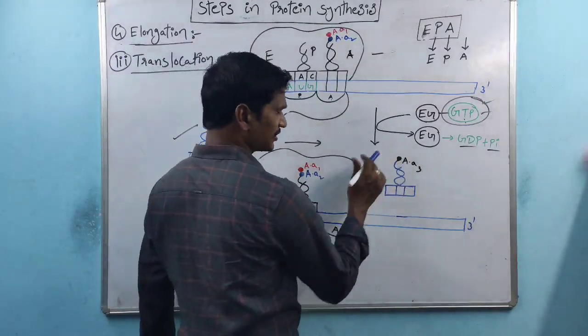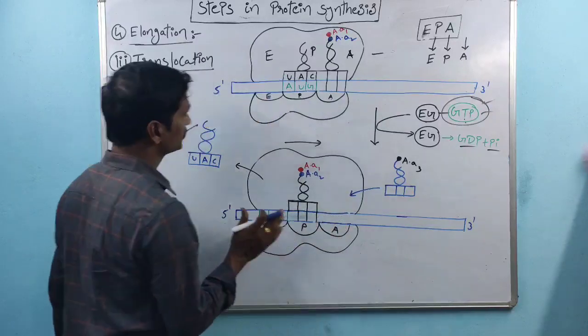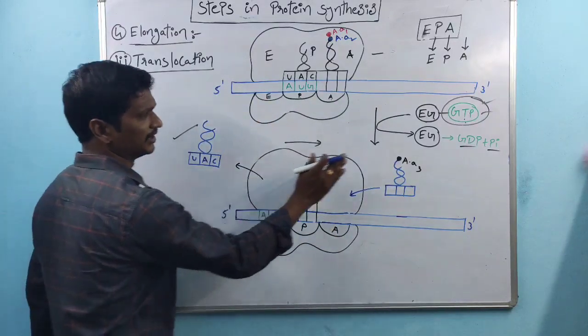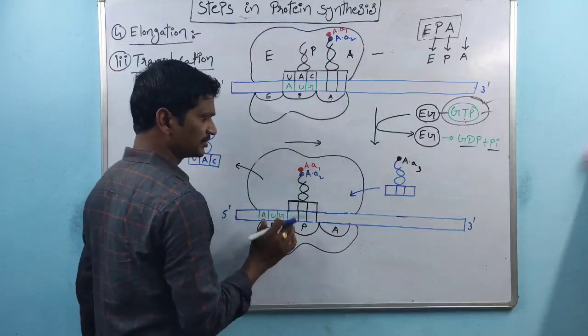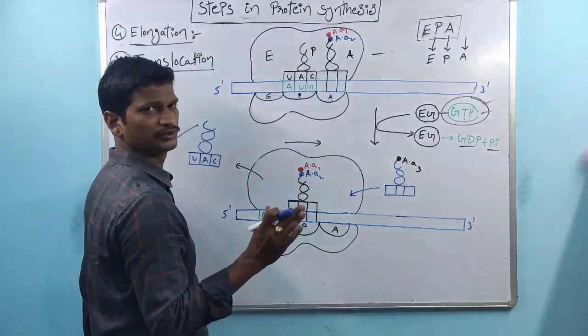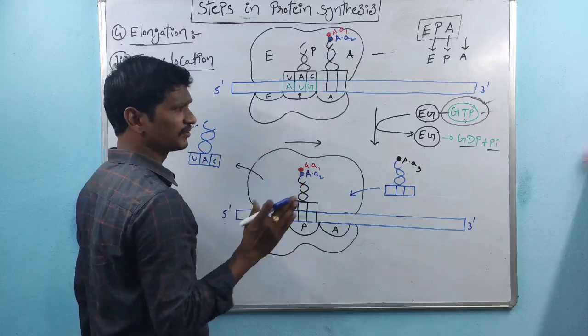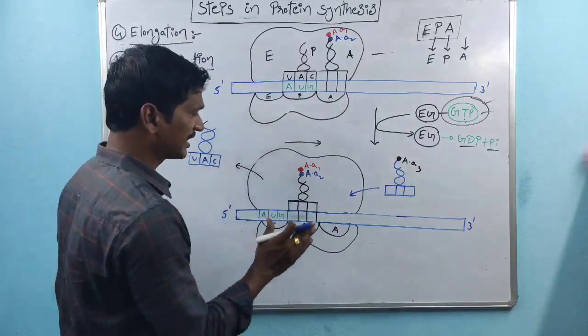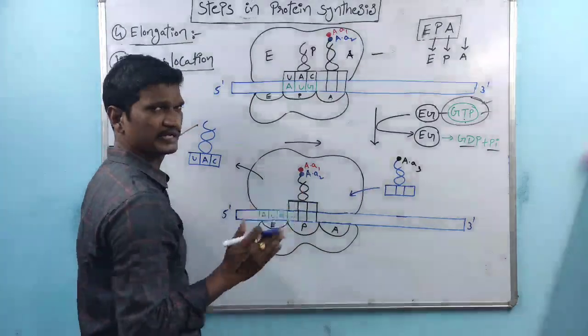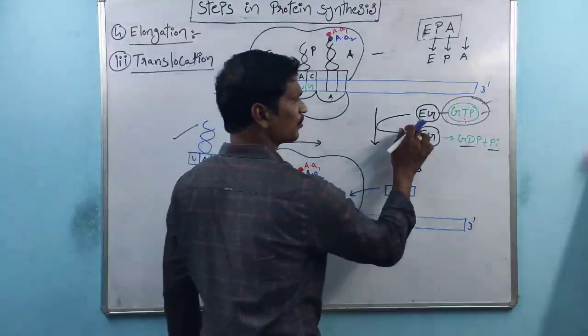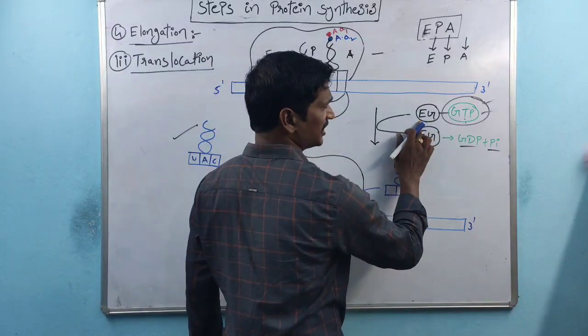So in the elongation process, one of the steps is translocation. In this case energy is required, meaning movement of ribosomes requires energy. One factor is also very important for the translocation process. The factor is called elongation factor.